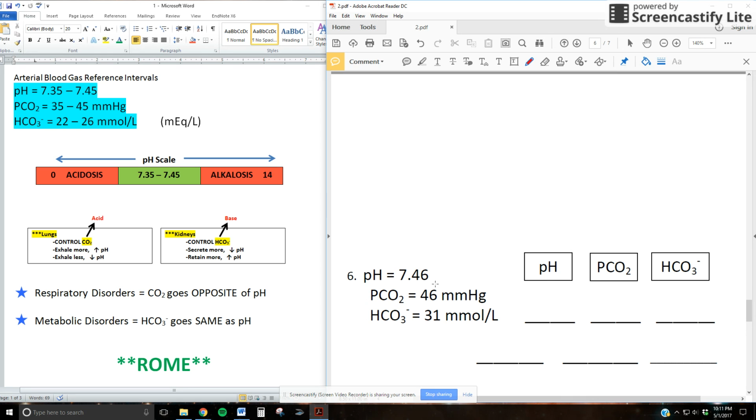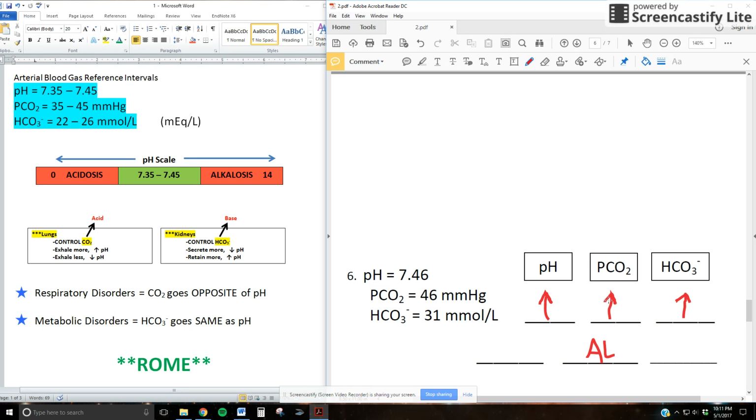Now we can move on to the next one. So we look at our pH, 7.46. Ooh, that's still elevated. PCO2, 46, still elevated. Bicarb, 31, elevated. And so we know our pH is up. That's alkalosis.